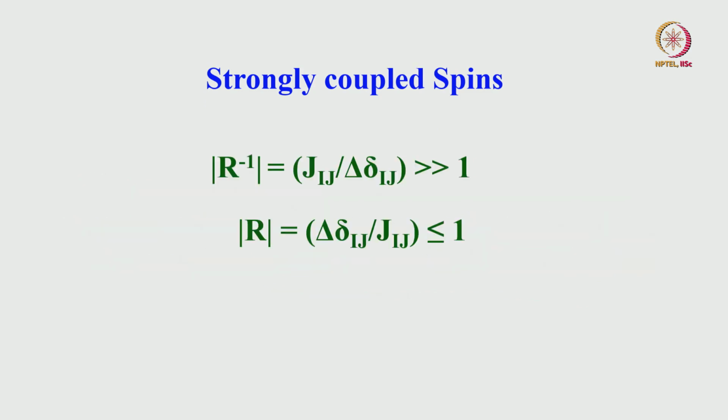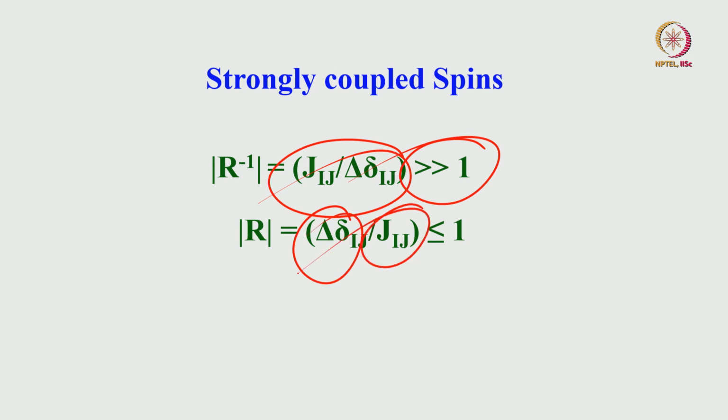So, go back to the same equations. J by delta, delta earlier in the other case, should be very much smaller than 1, but in this strongly coupled case it should be greater than 1. Whereas, if you take the reverse, chemical shift over J, in the weakly coupled case I said it should be very much larger than 1, but here it should be very much smaller than 1. The reverse of it is the strongly coupled case. You understand?